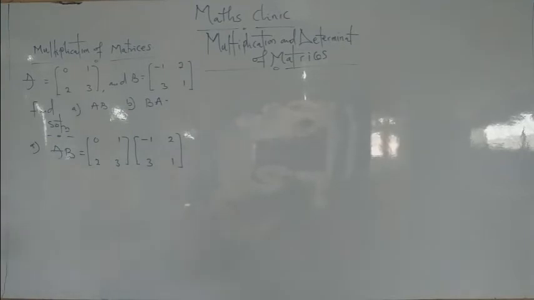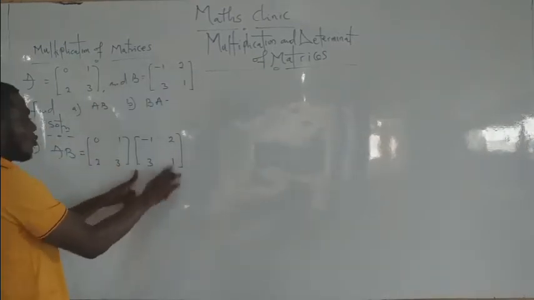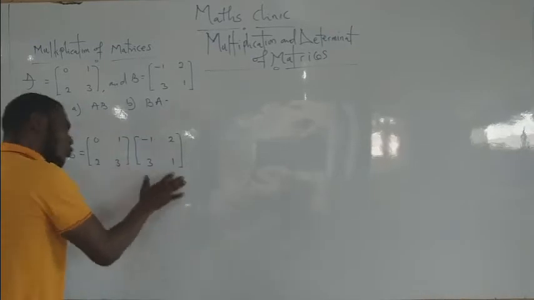Can you see that? Multiplication of matrices AB equals A first, 0, 1, 2, 3, followed by B, minus 1, 2, 3, 1. Take note. This is 2 by 2, and this is 2 by 2.